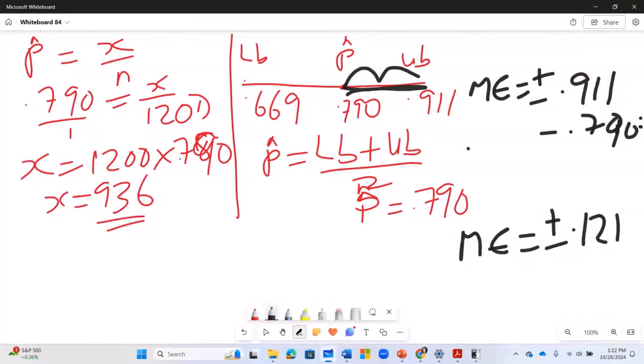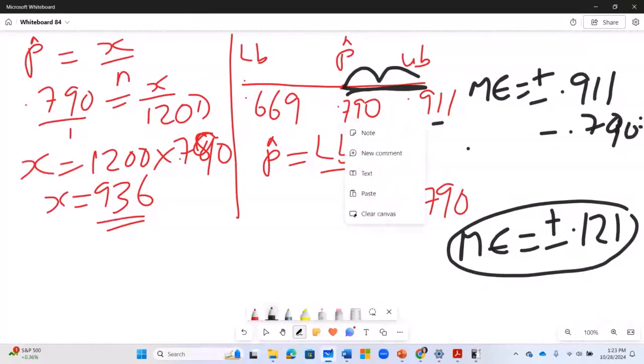And by the way, what do I mean by margin of error? If I add 0.790 plus 0.121, I get the upper bound. If I subtract 0.121 from 0.790, I'll get the lower bound.